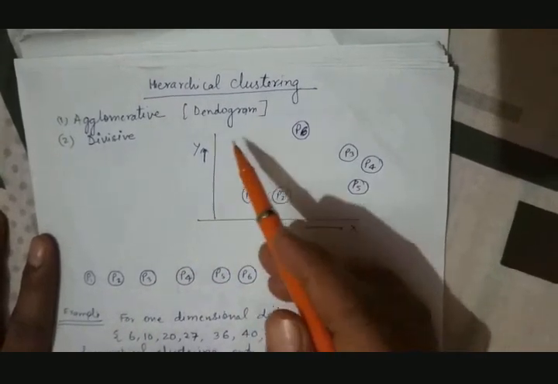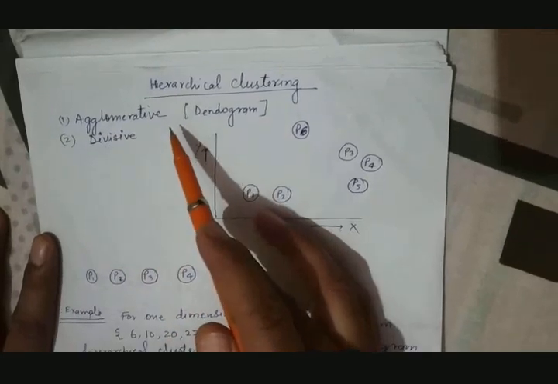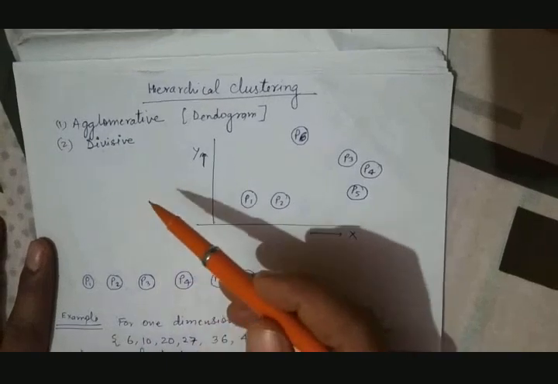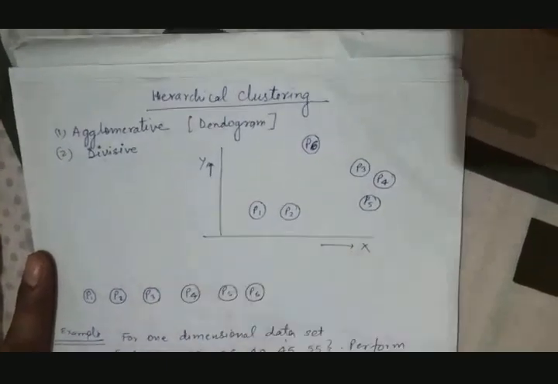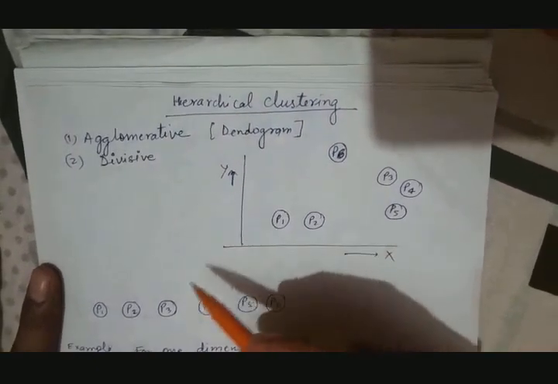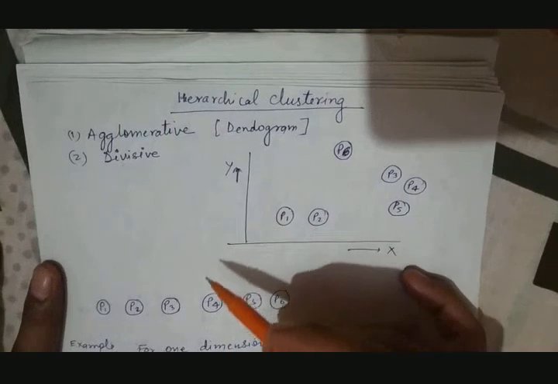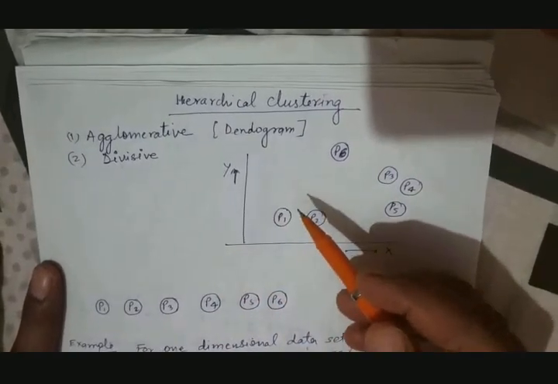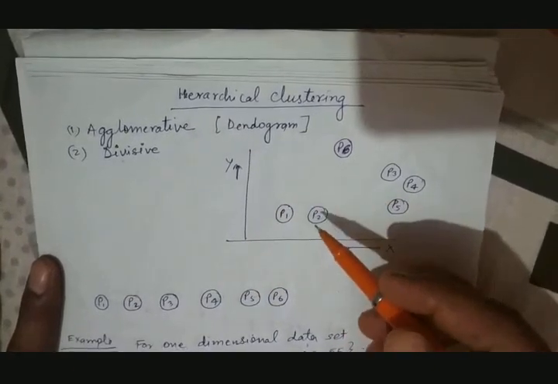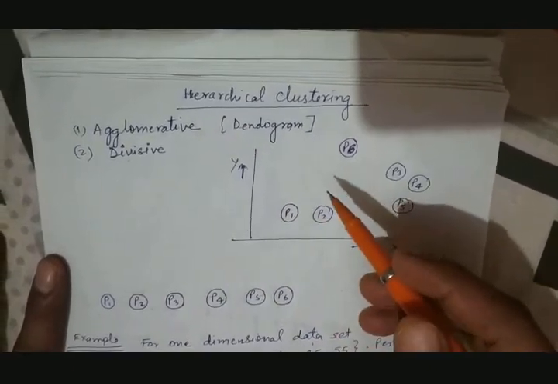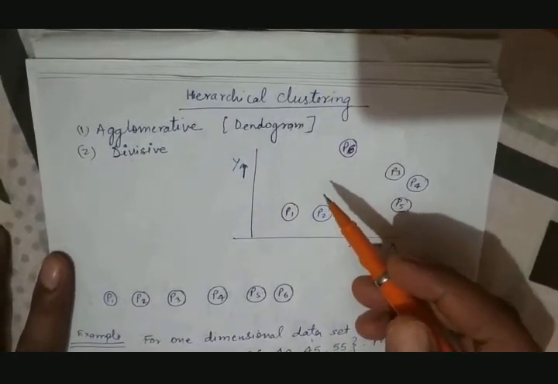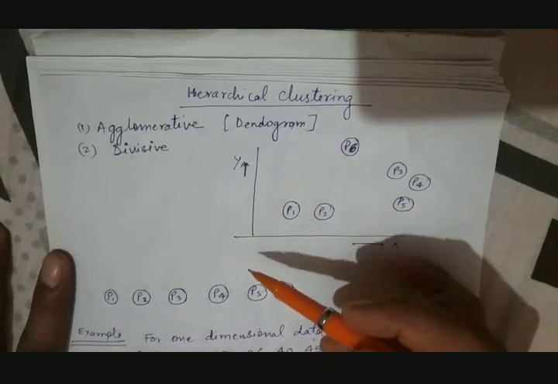It is of two types: agglomerative and divisive clustering. In agglomerative clustering we follow the bottom-up approach. We start by treating each individual data point as a cluster, and then we start combining, so that at the last iteration we get a single cluster to which all the data points belong.